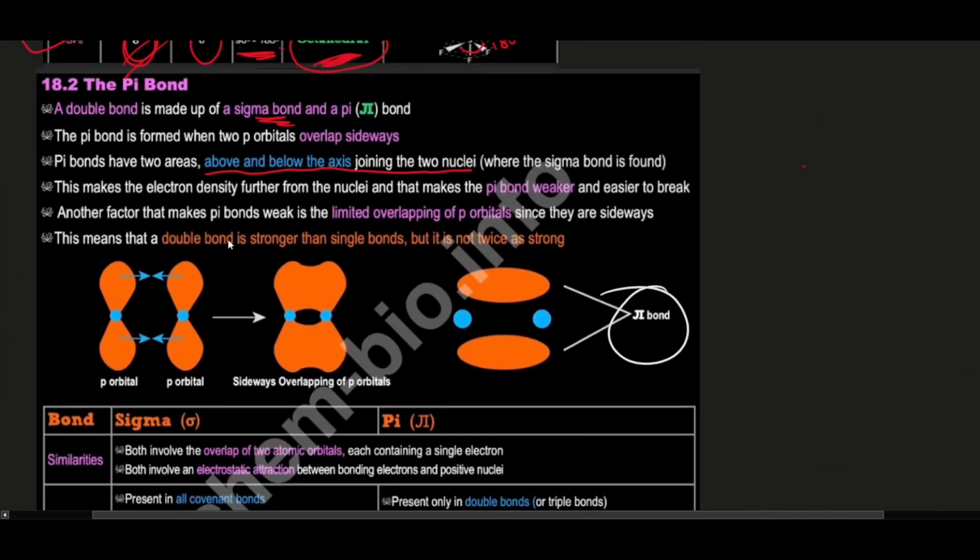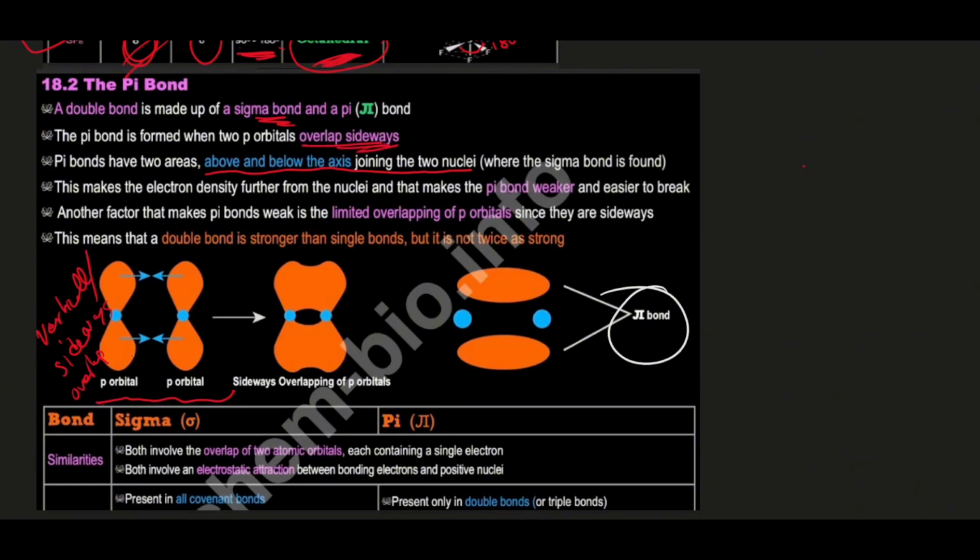But in the case of a pi bond, they overlap vertically, or sideways. Did you understand? Only by the overlapping of p orbitals, a pi bond is produced. Okay, but overlapping in which way? Vertically overlap. Am I clear? Only if p orbitals overlap vertically can a pi bond be produced. You can clearly see.